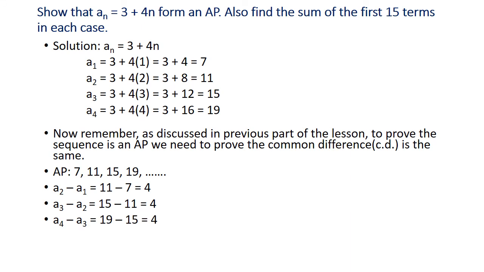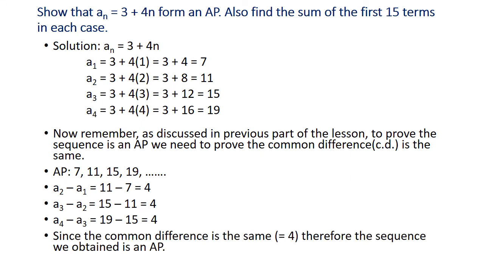A4 minus A3 is equal to 19 minus 15, that is once again equal to 4. Yes, so the common difference is the same in all the cases. Always CD is equal to 4. Therefore this sequence is an AP. Alright, we proved that.